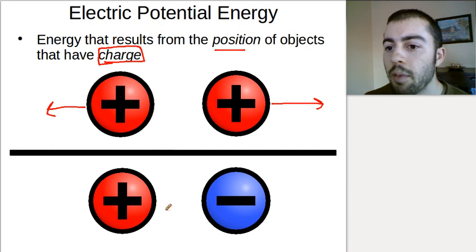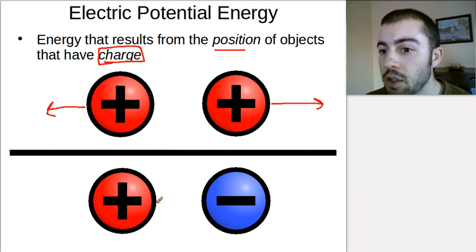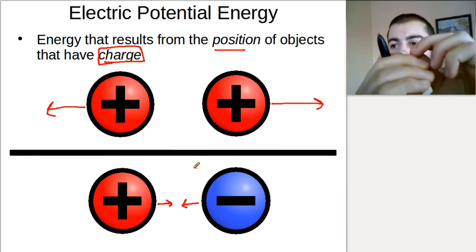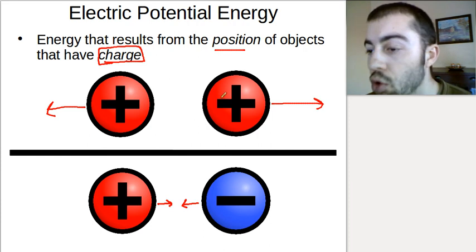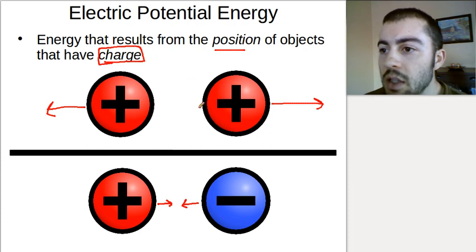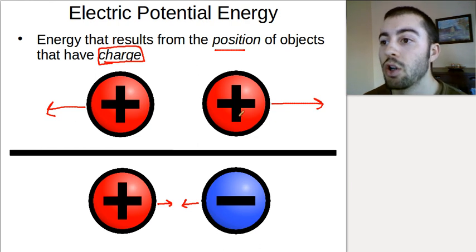And same thing, if we have a positive and a negative charge, if we put them near each other, they're going to want to come towards each other because opposite charges attract. So by putting them near each other, we're giving them the potential to come towards each other and move because of the energy that they have. So all of these types of potential energy, elastic, electric, and gravitational potential energy, they're all about what an object could do.